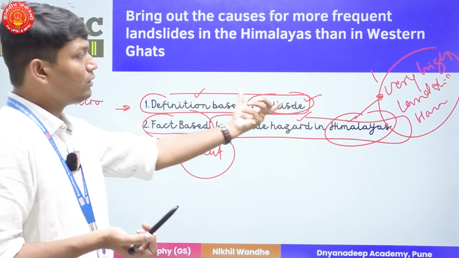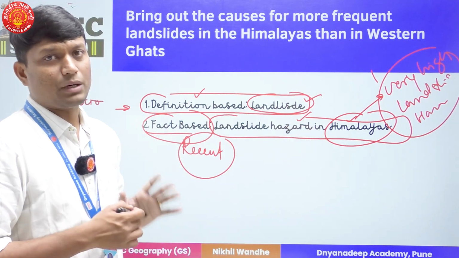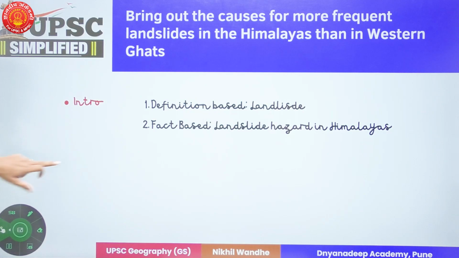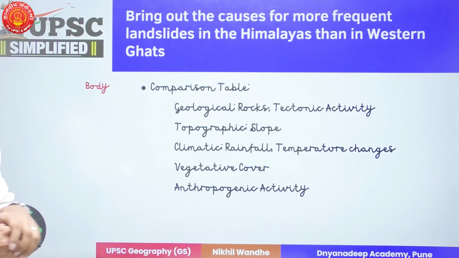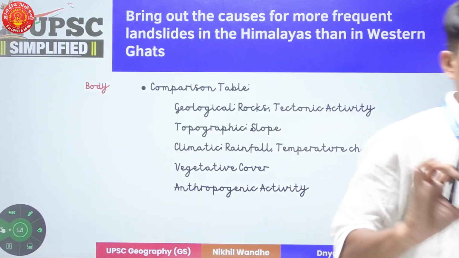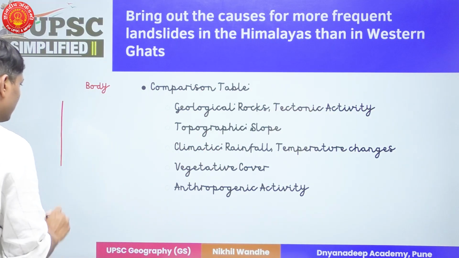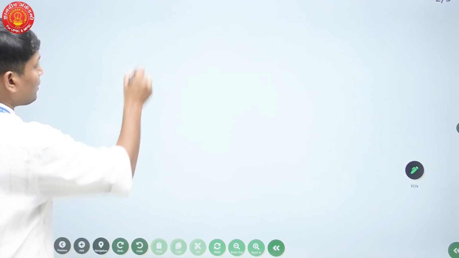And I also told you from where I'm going to collect this fact. Now, having introduced this, I'll move on to the body part. Now, I'm not going to apply any brains in the body part. Simply what I'll do, I'll make a table. Let's make a table.